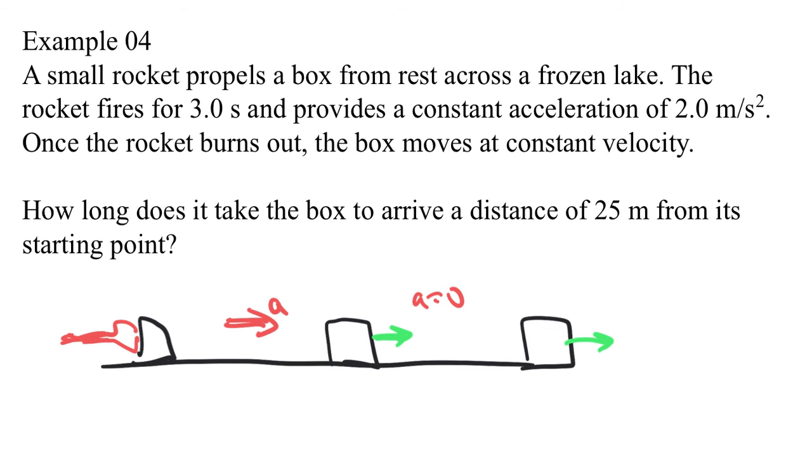So you're like, oh no, how can we possibly apply constant acceleration equations if there's not constant acceleration? And we can't, except we can play a trick. Because we have constant acceleration everywhere between the lighting of the rocket and that moment. And then after, we have constant acceleration, which happens to be 0, but again constant acceleration.